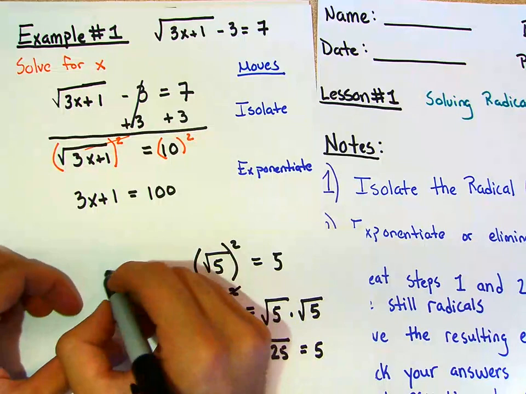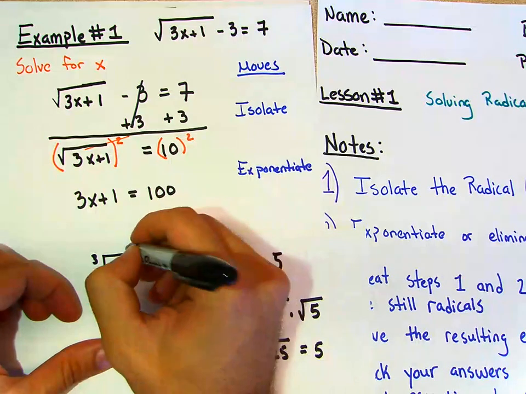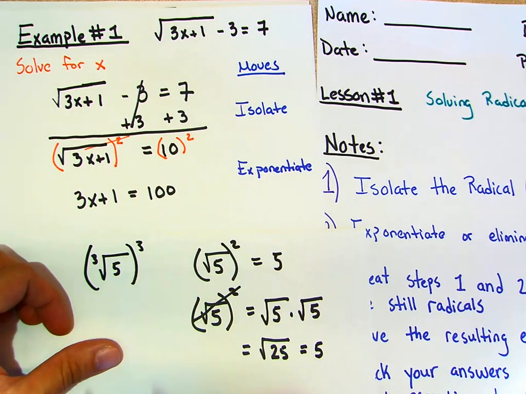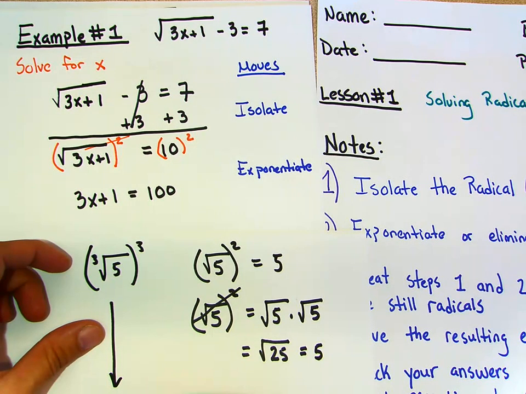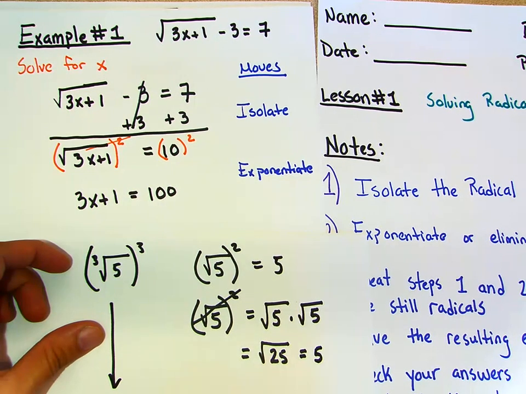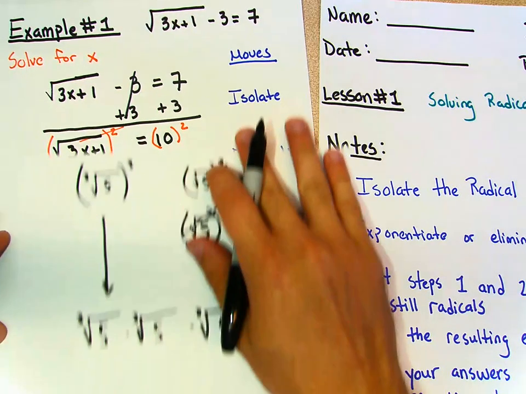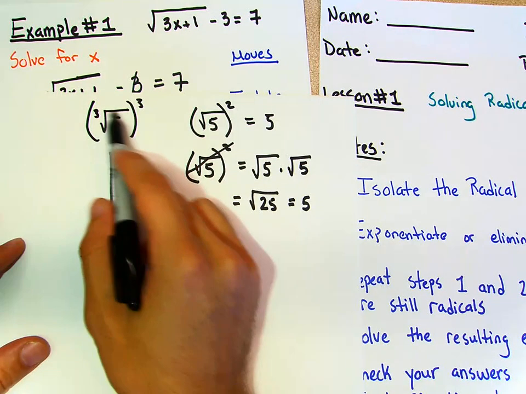And the same thing happens. Let's say if I have cubic root of 5, right? If I cube it, that's equal to what? That's equal to cubic root of 5 times cubic root of 5 times cubic root of 5.